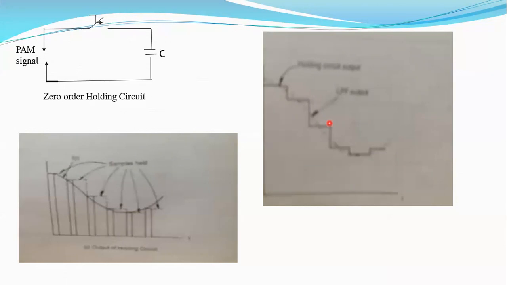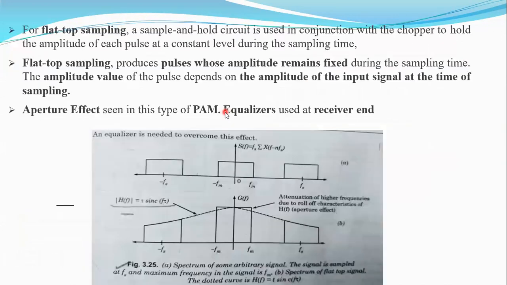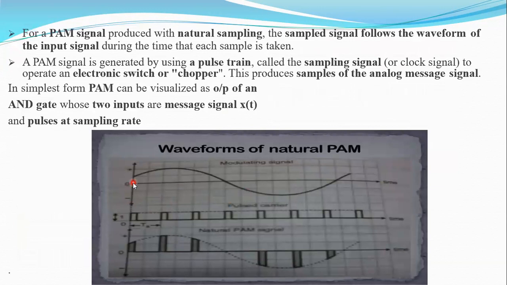In the simplest form, we can call this pulse amplitude modulation the output of an AND gate, which has two inputs: one input is the message signal x(t), and another input is the pulses of the sampling train.